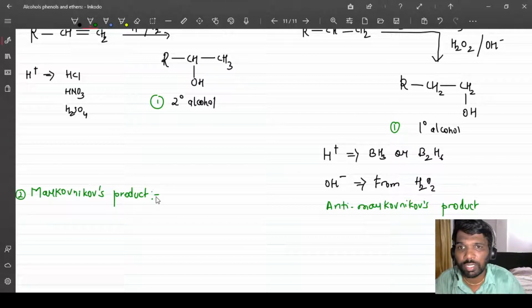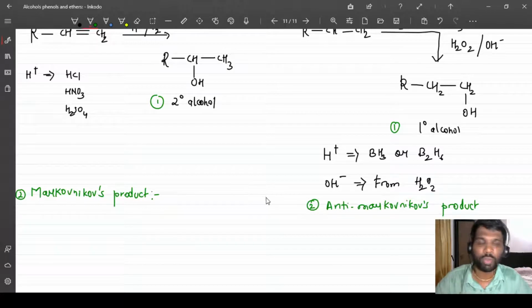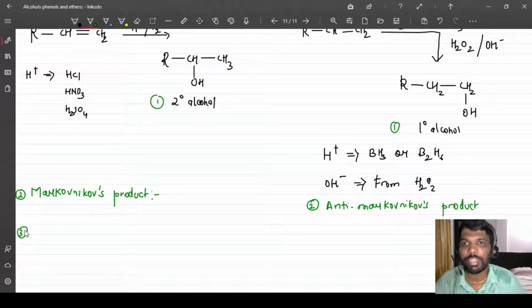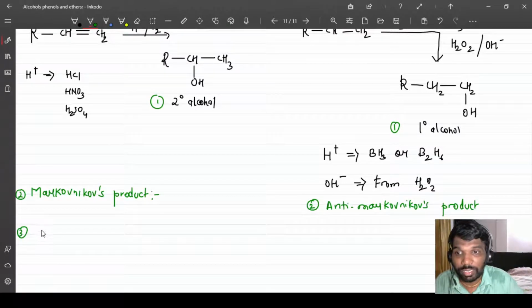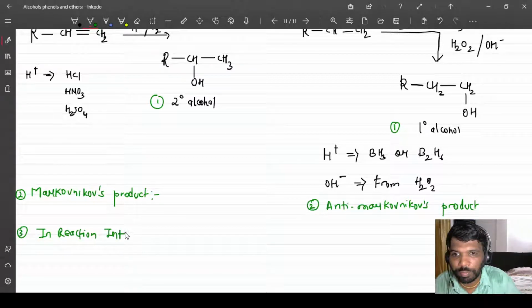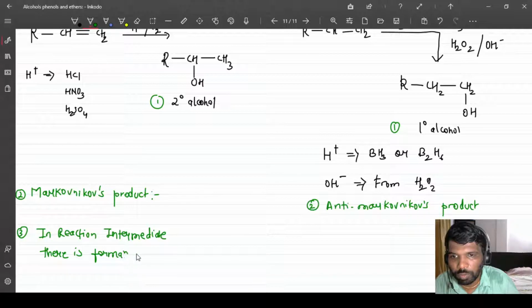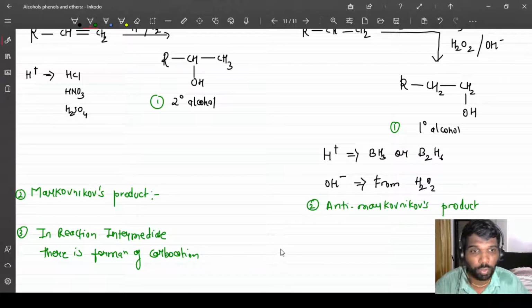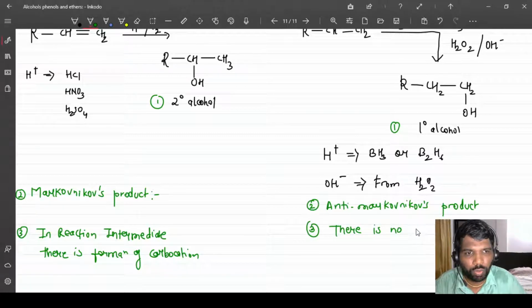The second point of difference is Markovnikov versus anti-Markovnikov product. The third point of difference is in the reaction intermediate: here there is formation of carbocation, and here there is no formation of carbocation.